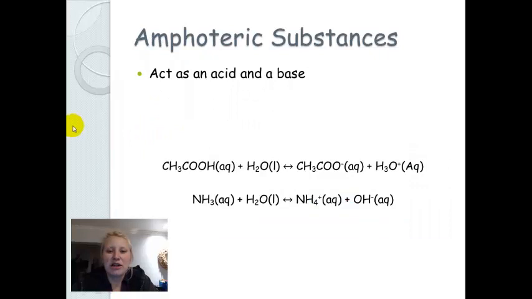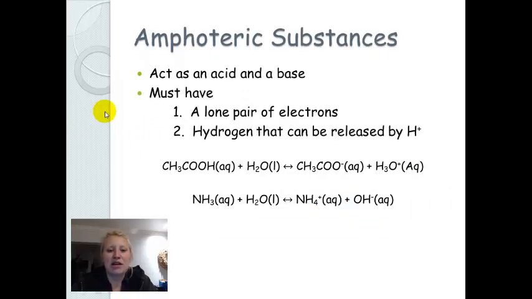An amphoteric substance is something that can act as both an acid and a base. So amphoteric substances have to have a lone pair of electrons and hydrogen that can be released as H+. So remember, in this example that we just had, the acetic acid was the acid and the water was the base, and the water accepted an H+, making it the base.